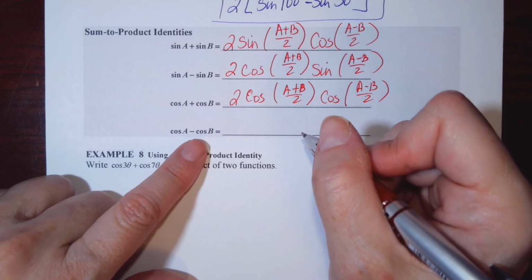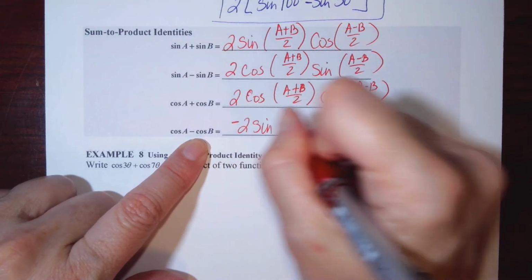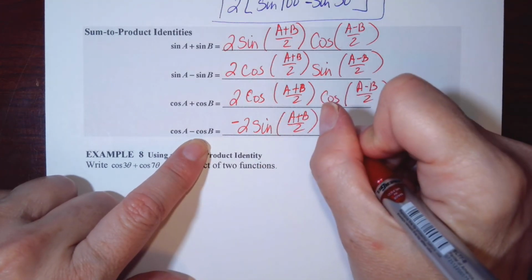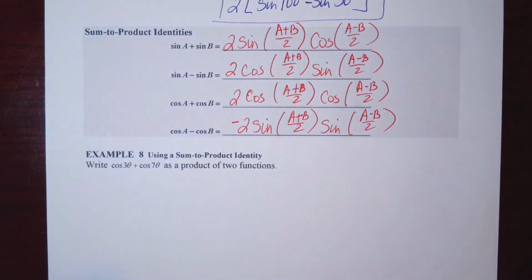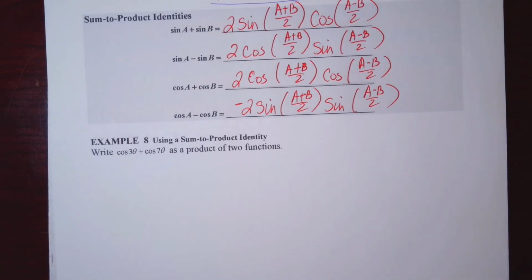This last one, cosine A minus cosine B, is a negative 2 times the sine of half the sum times the sine of half the difference. Okay, so there's my 4 sum to product identities. We're going to make use of those in these final 2 examples.